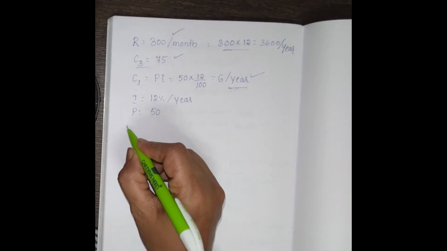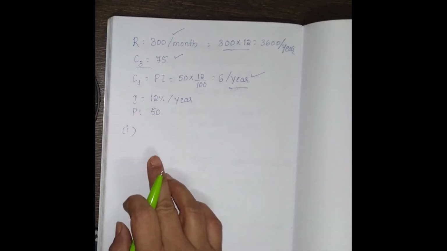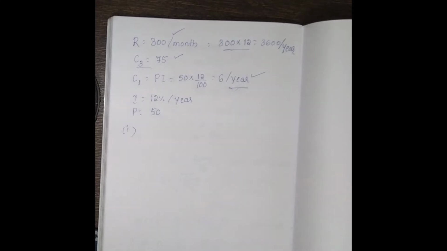Then according to the question, if they are asking to suggest the most economic order policy, it means you have to calculate all four: Q is equal to the square root of 2C3R by C1, T is equal to Q divided by R, N is equal to 1 by T, and C of Q is equal to the square root of 2C1C3R. Okay, this is one type.